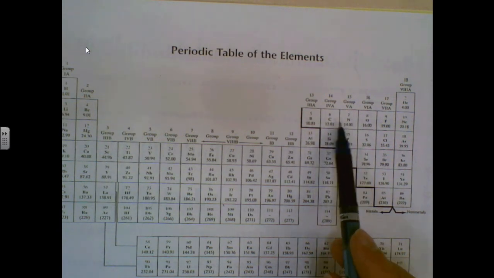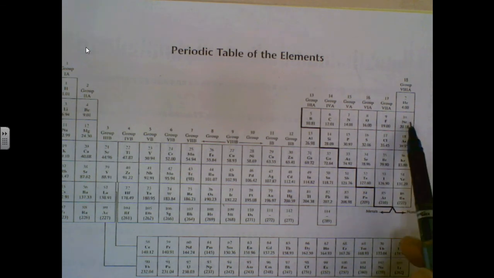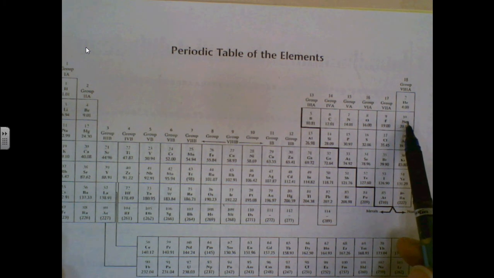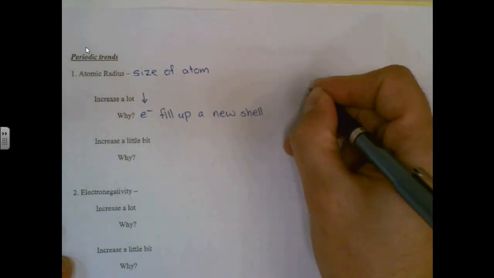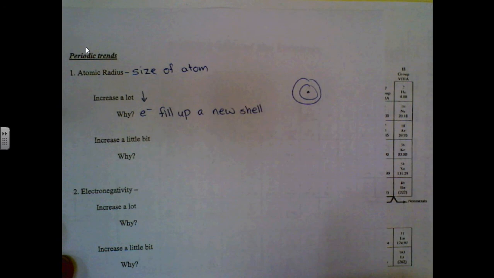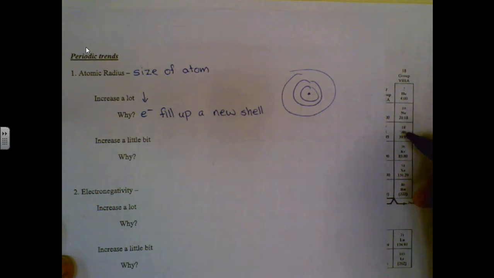You're just still filling up this same 2p subshell. Now, when you get to neon, the 2p subshell is full. You can't put any more electrons in it. The very next atom has to put an electron out in the next shell, which means you just went from 2 shells to, boom, 3 shells, and the atom just got a lot bigger. That happens every time you move down a period on the periodic table.